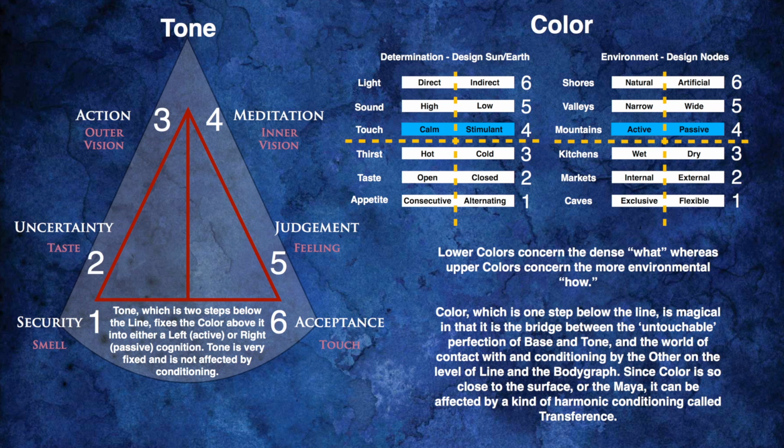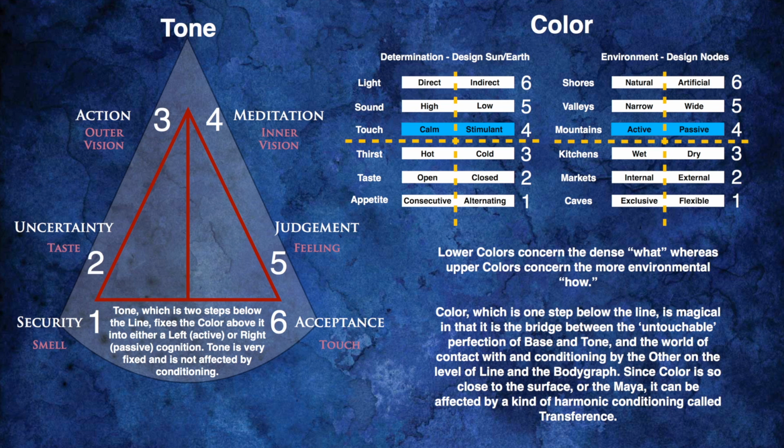It's the same thing with the lower and upper colors. But we can see how there's an interesting combination of these, how you can have an upper color with both a left fixing tone underneath it or a right fixing tone underneath it. So if you have a 4th color that is left and it's focused, it needs to be calm in how it's sampling all the different ways. Otherwise, there's just too much going on.